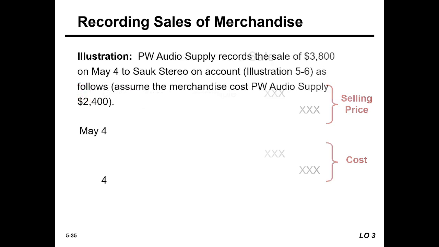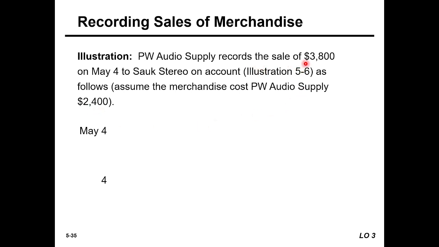Next. PW Auto Supply records the sale of $3,800 on May 4 to Swag Studio on account. This is Illustration 5.6. Assume the merchandise cost PW Auto Supply $2,400.